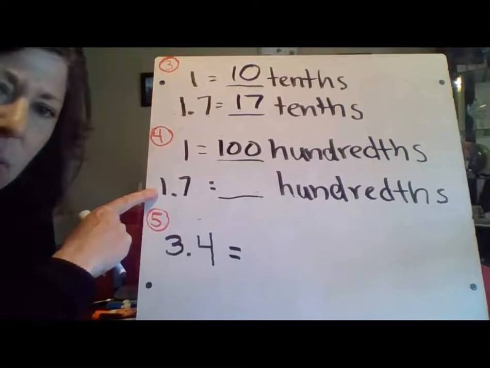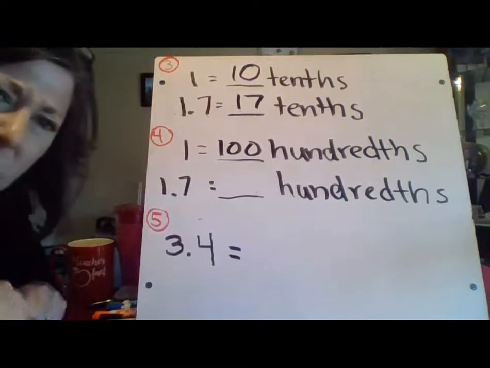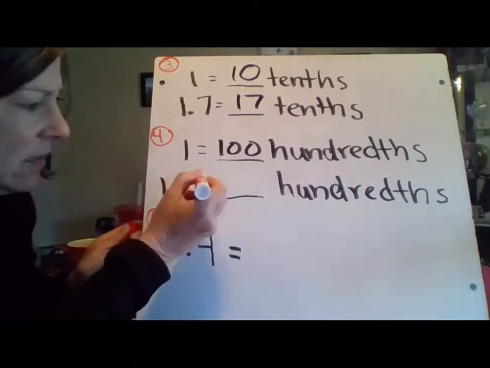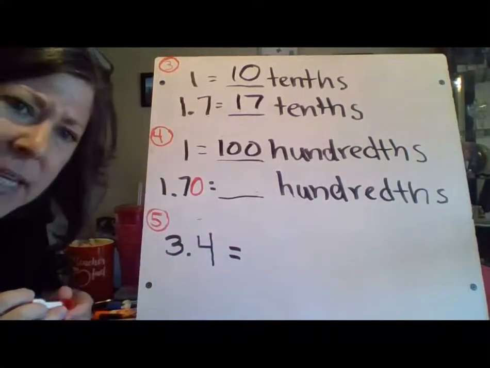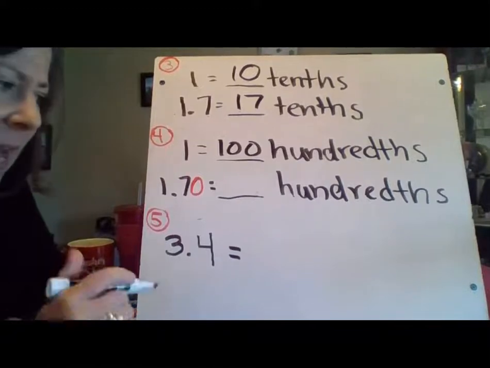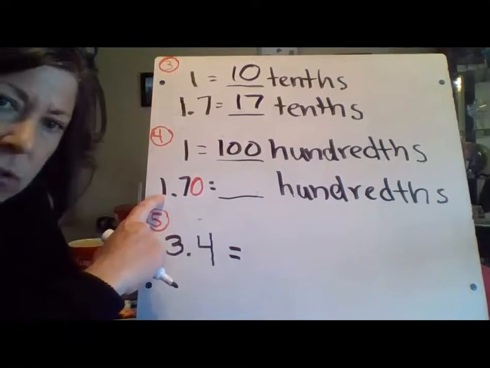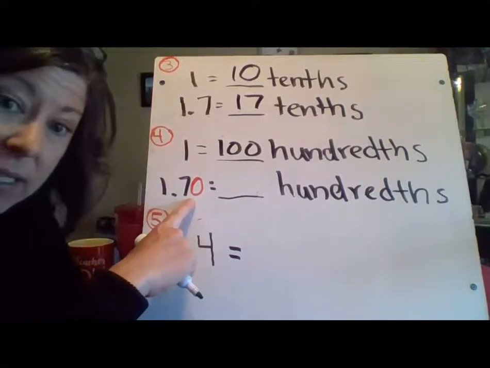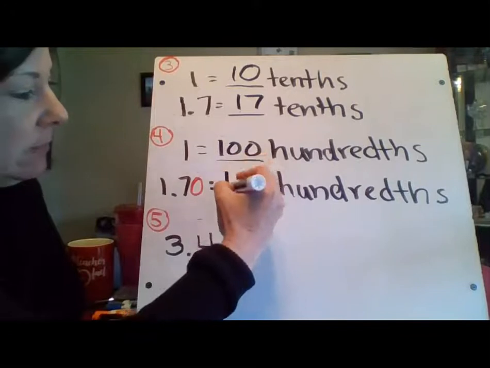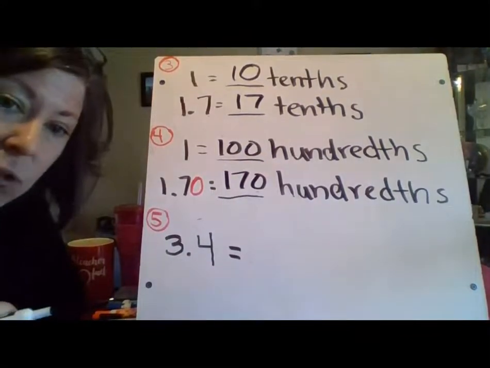That would mean that for 1 and 7 tenths, I know that 7 tenths is 70 hundredths. So 1 and 70 hundredths, 100 hundredths, plus another 70 hundredths is 170 hundredths.